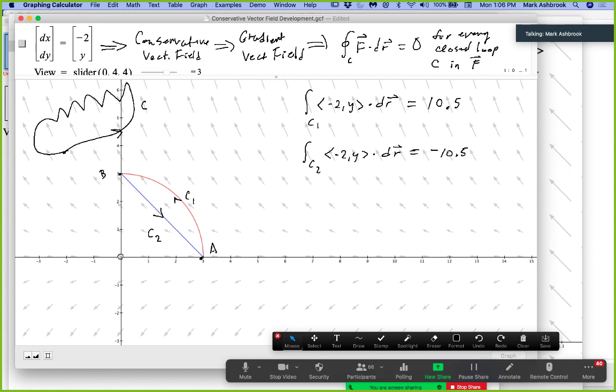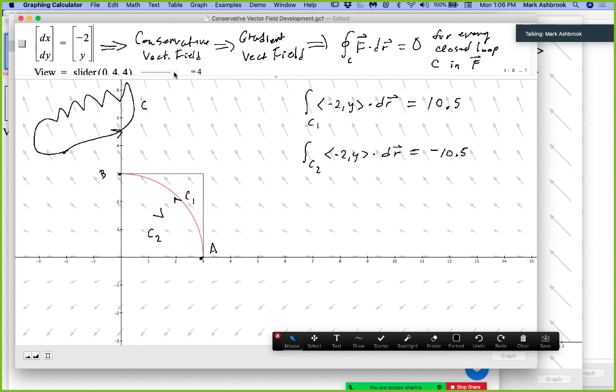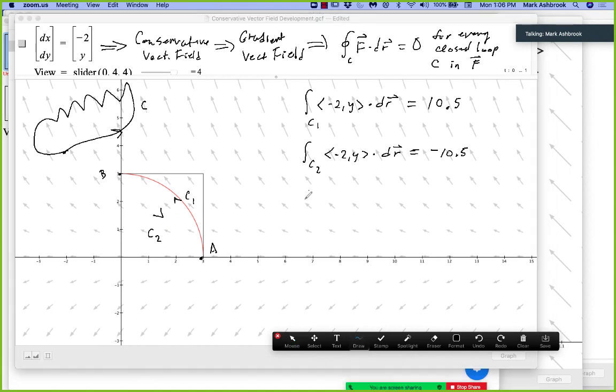All right, so now I got a new one, C3. C3 goes from B to A along 2 line segments. C3 is this one.